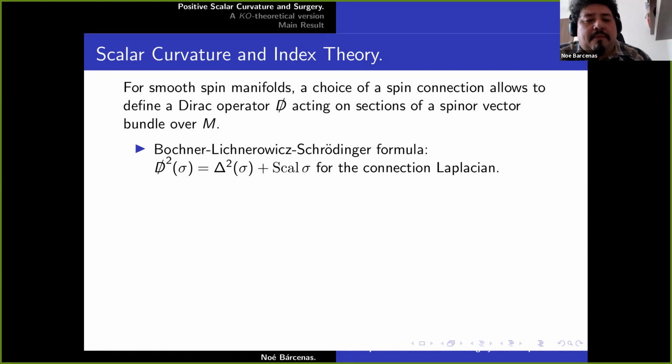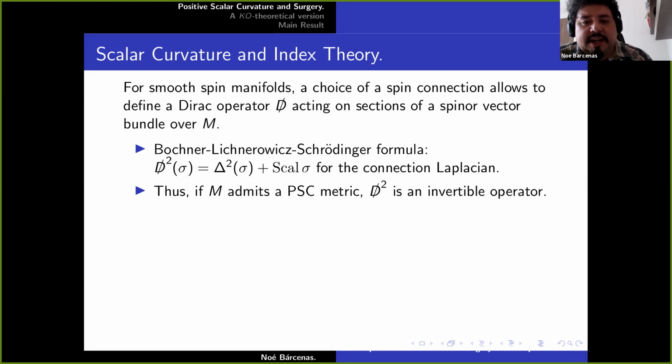If you compose this Dirac operator with itself, you will obtain the connection Laplacian plus the scalar curvature as a function, acting as scalar multiplication on the sections of the spinor bundle. And if the scalar curvature is always positive at every point, then this expression tells you that D squared, the square of the Dirac operator, is an invertible operator.